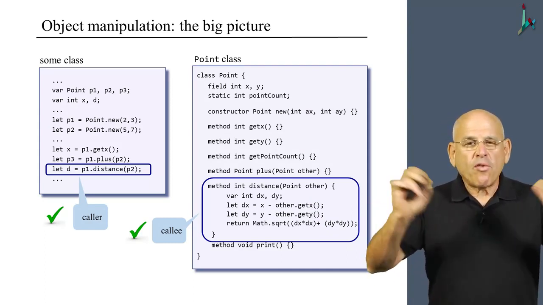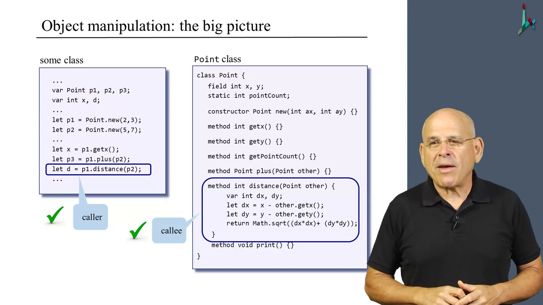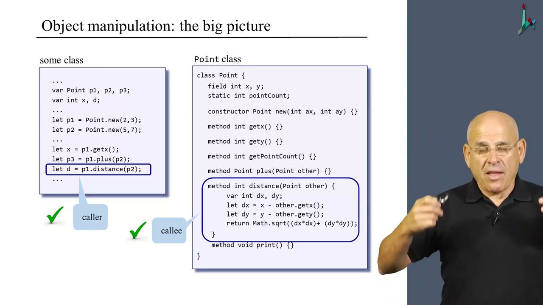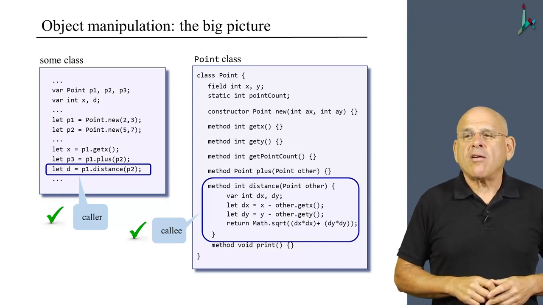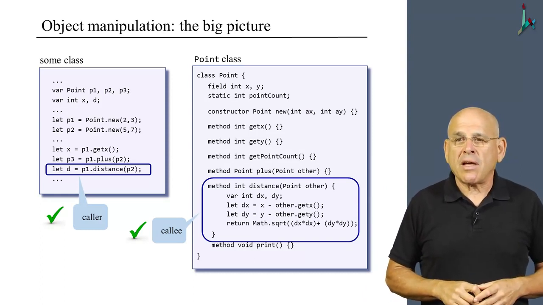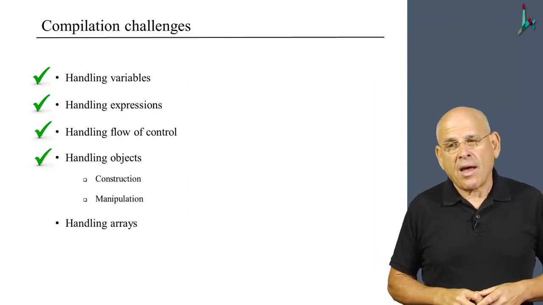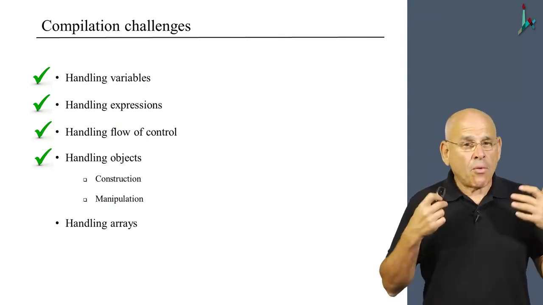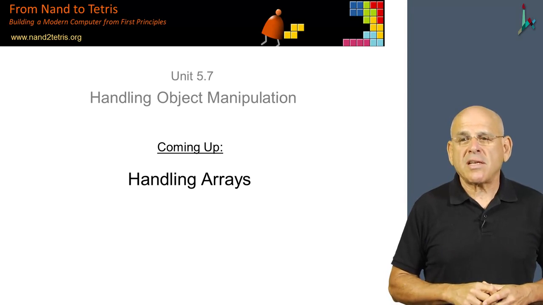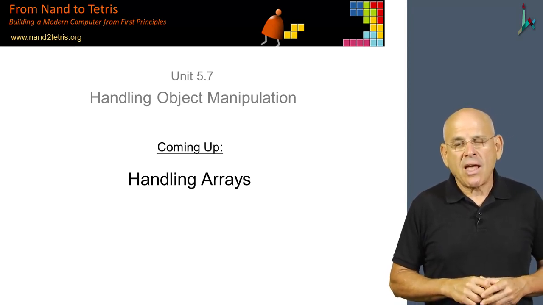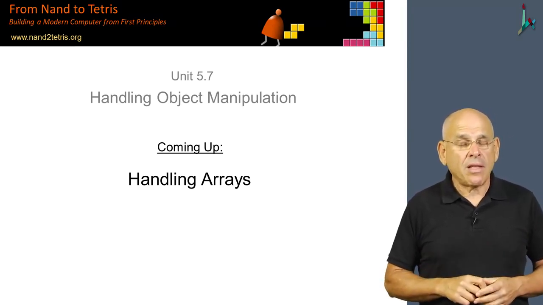And now you are fully connected to this drama as well. So you've gained what I hope is a very deep understanding of how computers handle objects. And with that in mind, we're now ready to move on and talk about the last unit in this sequence, in which we'll discuss how compilers handle arrays.